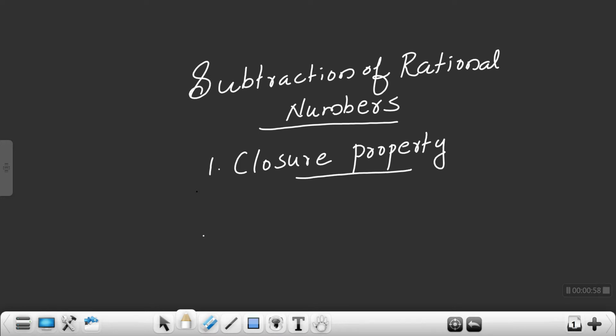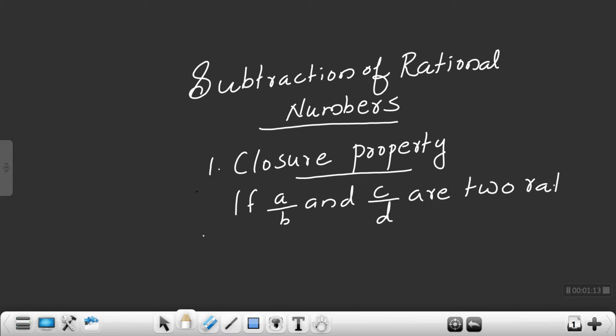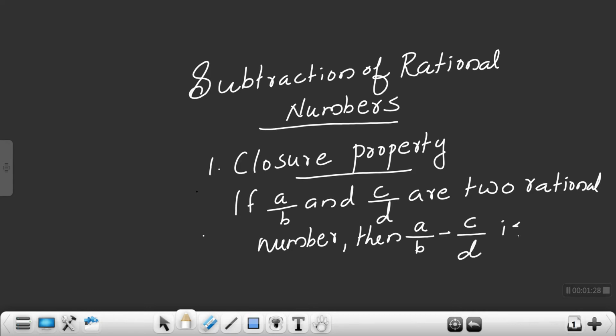Let us note down the properties. If a by b and c by d are two rational numbers, then a by b minus c by d is also a rational number.